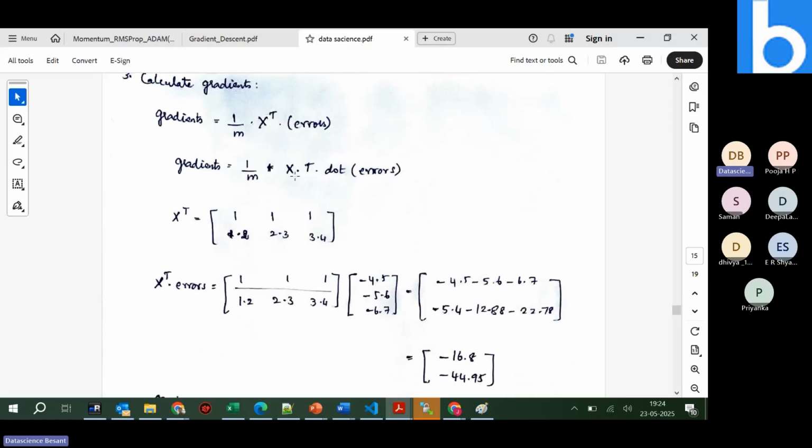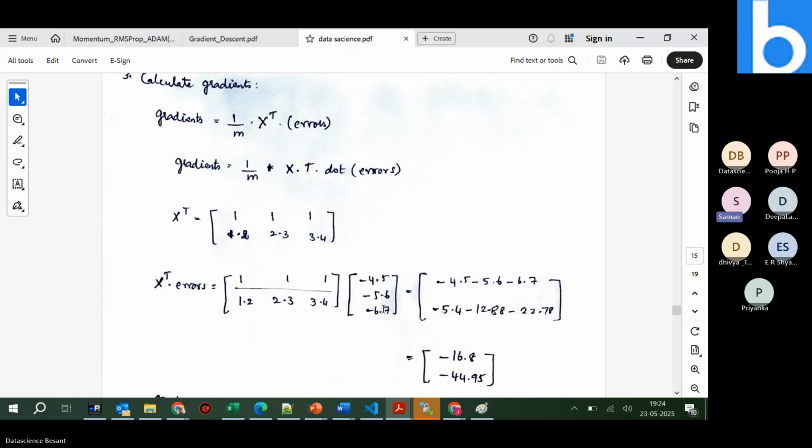So if I want to transpose my X, after transposing it will be like this. Rows will become columns, columns will become rows. X transpose into errors. These errors you got in the second step, correct? Minus 4.5, 5.6, 6.7.